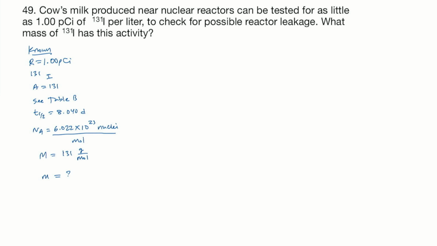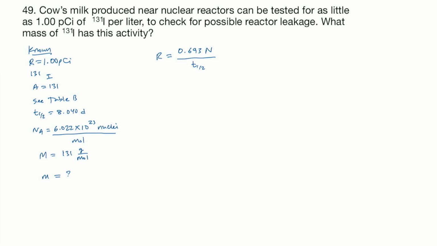Okay. All right. There's a relation between activity and the number of nuclei, and that is that R is 0.693 times N divided by the half-life. So N is our number of nuclei. R is our activity.